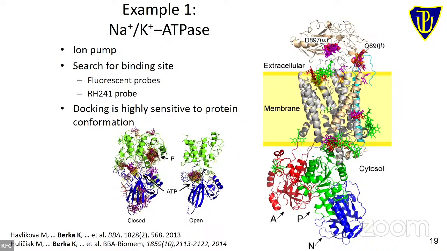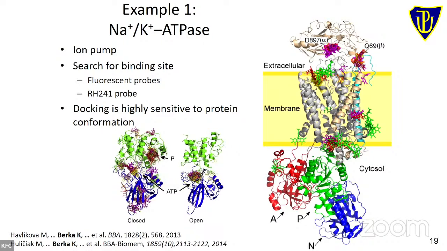Because they had some measurements that did not fit the original idea that there is just one site for the binding. So we put it into the docking, and there are two ways. The one way is this is the domain which is binding the ATP, and this is the ion channel itself.